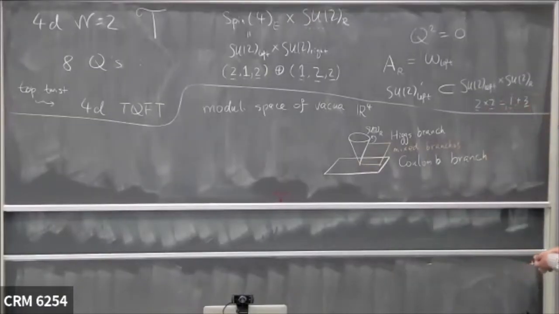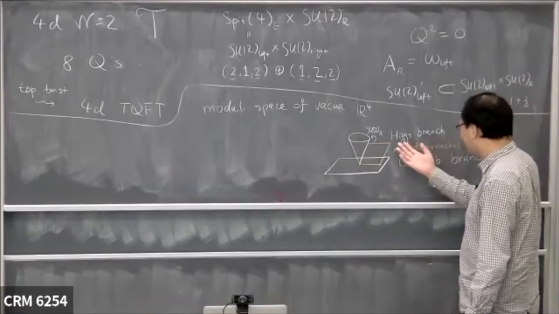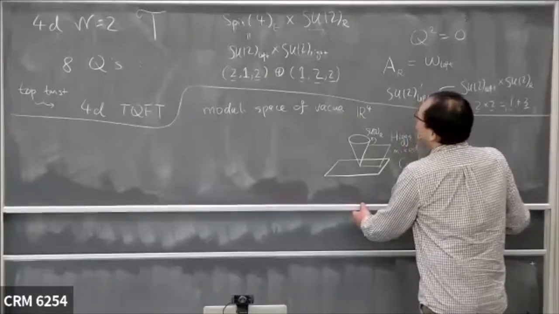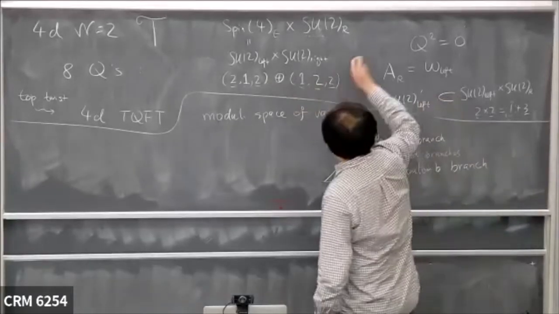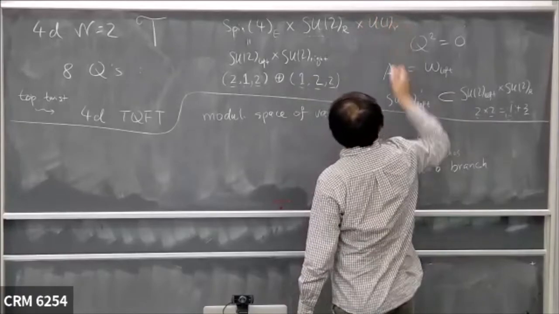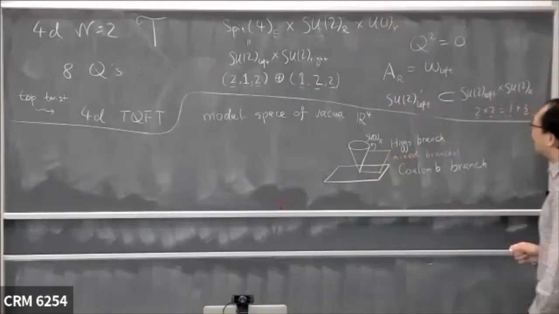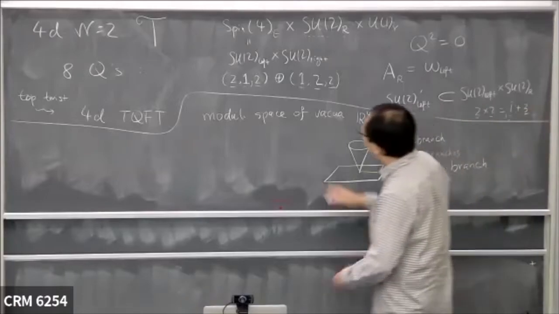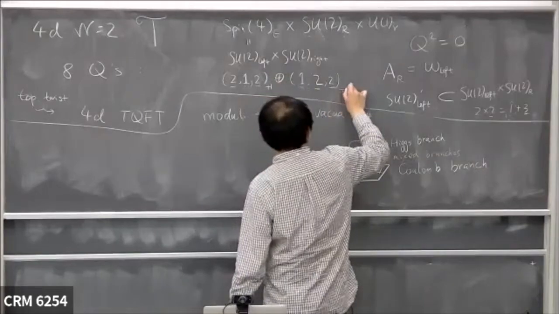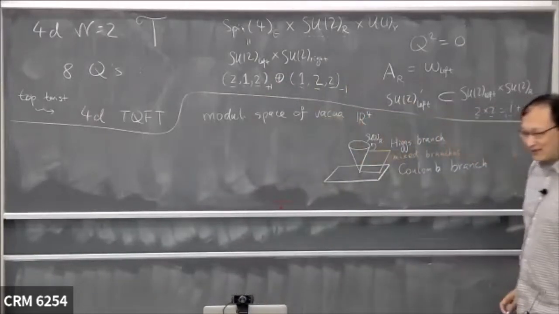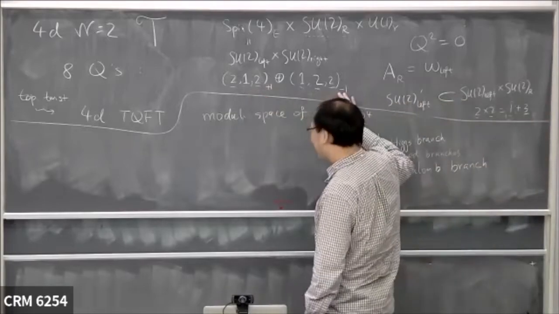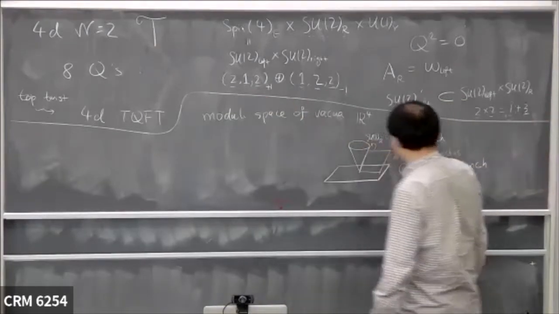To distinguish between Higgs branches and mixed branches, it's useful to notice that there is another U1 symmetry, another R symmetry that I would denote by U1R that acts on the supercharges with charge plus and minus 1. So it acts with charge plus 1 on the left moving guys and charge minus 1 on the right moving guys.